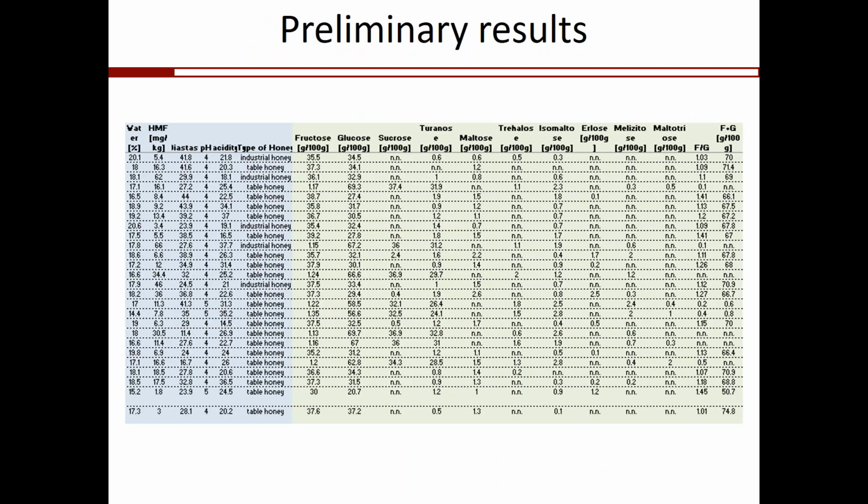So here is a table of some of the preliminary results that we have. They send us a giant table with a list of the water content percentage, HMF activity, diastase, pH, which should be around a 4, the acidity, what type of honey, and then the sugar spectrum analysis, fructose and glucose, at the very end.